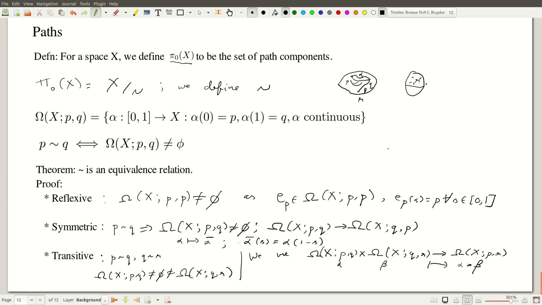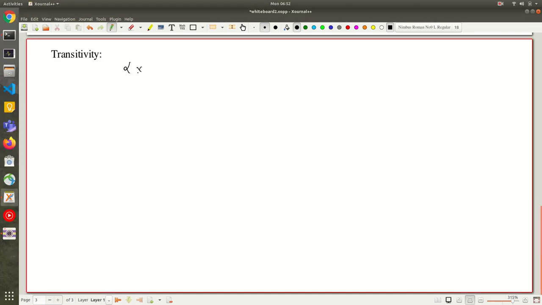And what is alpha star beta? Alpha star beta is alpha going at double speed between 0 and half, and beta going at double speed between half and 1. We'll look at this picture in a moment.